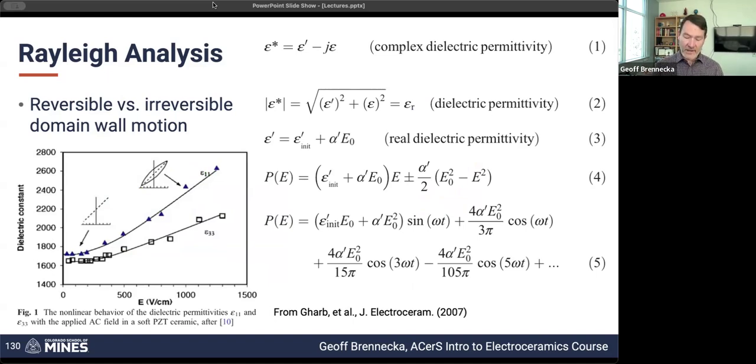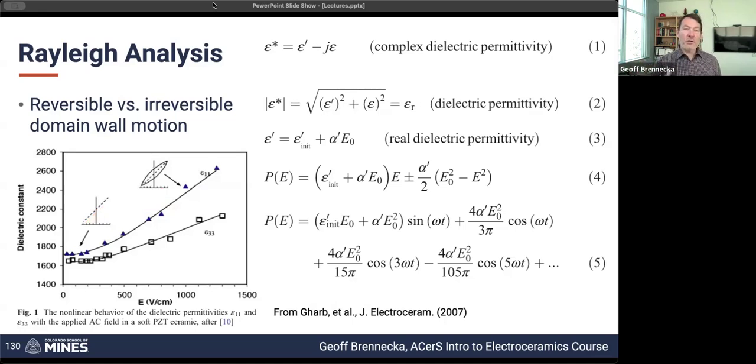But the idea is that a reversible response is going to be completely linear. An irreversible response is going to have some sort of width to that, because you're going to be pushing the walls. You have to push them harder in one direction than in the other. And so you end up with a little bit of hysteresis, even at much, much lower fields than are required to see the macroscopic hysteresis loop.